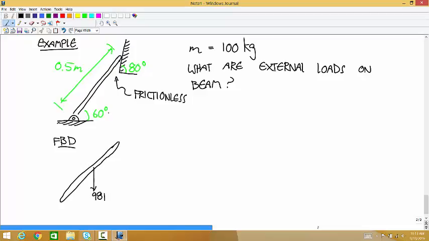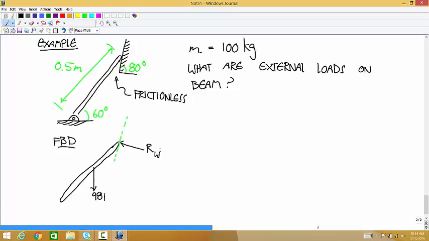Yeah, it's perpendicular to the wall, and it has to be toward the beam, away from the wall. So I'll draw this in at an angle like this, and then that force is perpendicular.